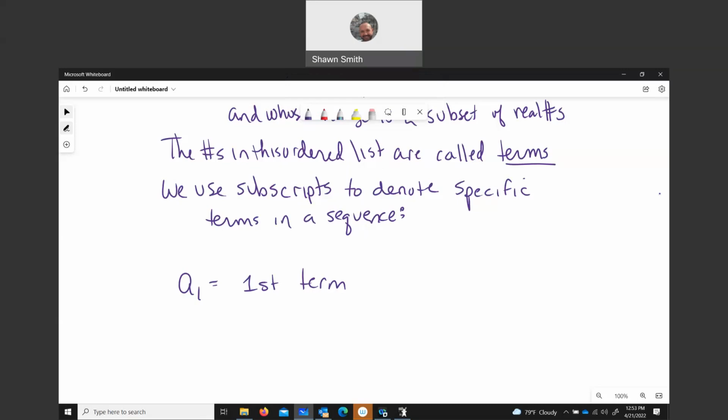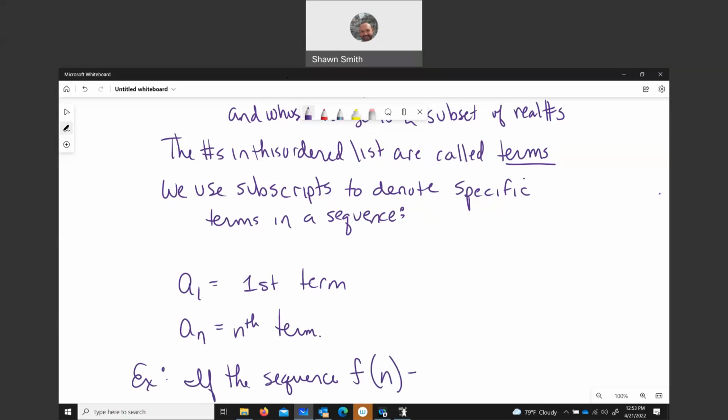Sometimes a formula gives the nth term. So nth means just some position, right? So let's say, for example, the sequence f of n is equal to 1 over n. This means for the first term, n is 1.